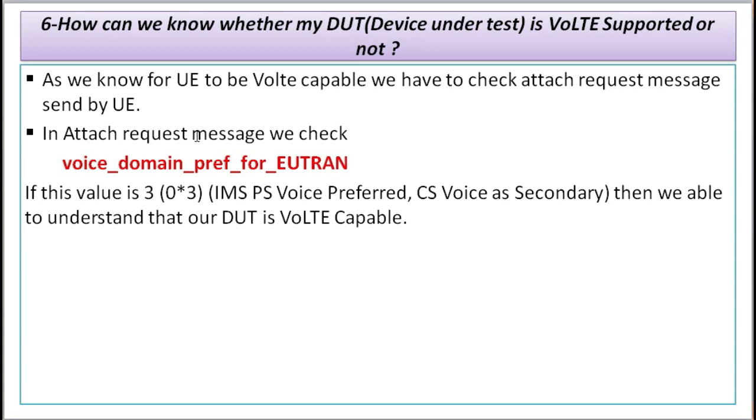In the attach request message, we check voice_domain_preference_for_eutran. If this value is 3, that is 0x03, IMS packet switched voice preferred, CS voice as secondary, then we understand that our DUT is VoLTE capable.